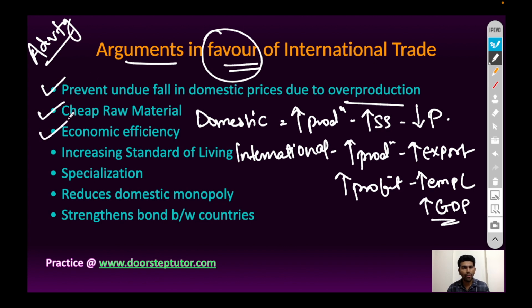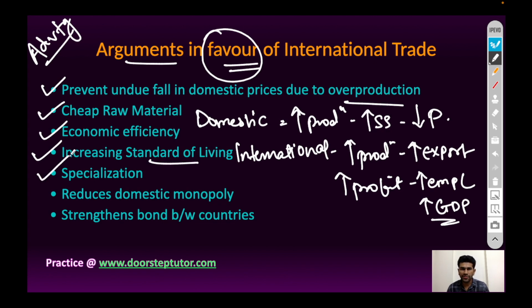Next, economic efficiency. It means when production increases, it will reduce the overall cost per unit. Increase in standard of living. When production increases, employment generation increases and overall income increases. So there will be increase in standard of living.